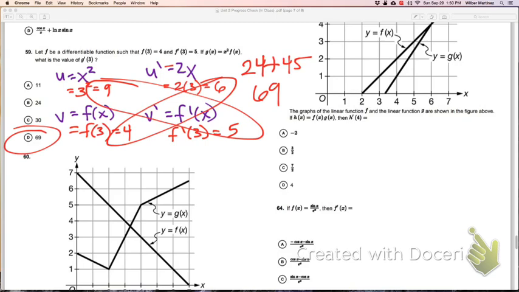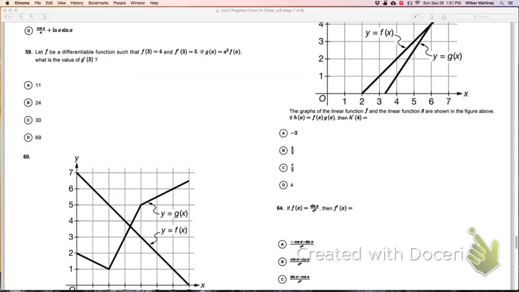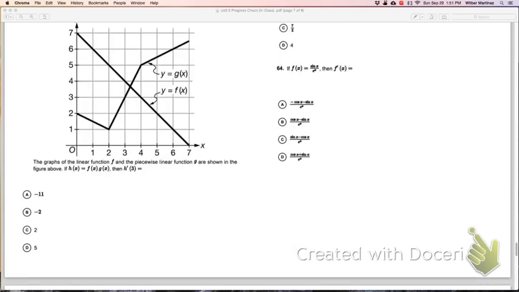This next one says h is f times g, and they want h prime of 3. We've done ones like these before, so I'm just going to start right away. So product rule, u equals f of x, v equals g of x, u prime is f prime of x, v prime is g prime of x.